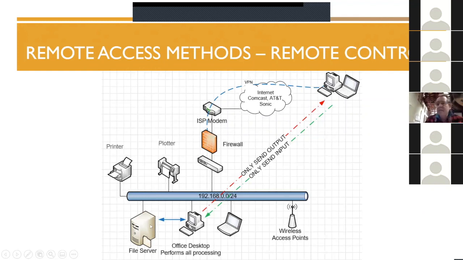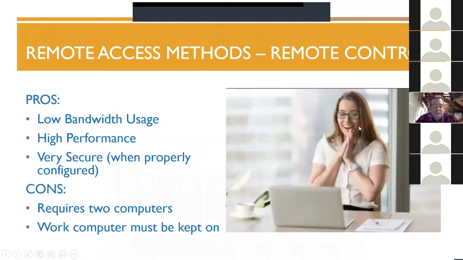Everything that happens in terms of file access just happens between the file server and the local computer on the local network. So your performance does not suffer in that case. Some benefits of remote control: even though you may not have the greatest internet connection or have some issues with bandwidth on your home computer, you can still use remote control and still have the high performance that it provides.